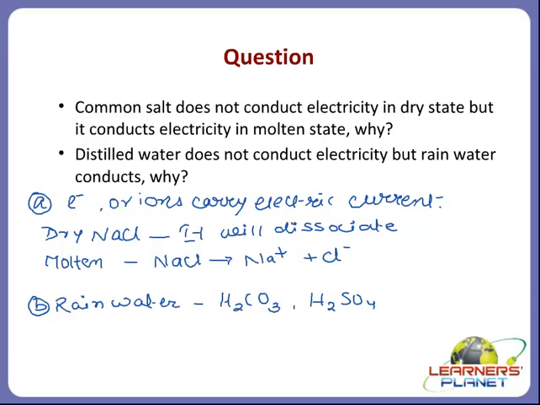From where is this sulfuric acid formed? Sulfur dioxide pollution or sulfur trioxide pollution is there. These are the gases which are emitted by automobiles or industries, right? A small amount of HNO3 is also there.